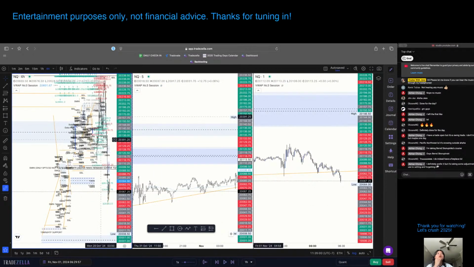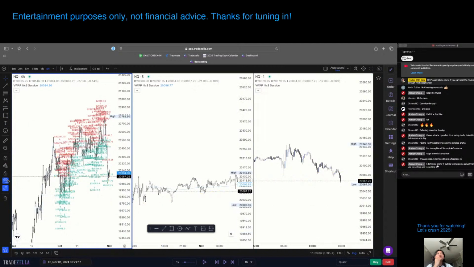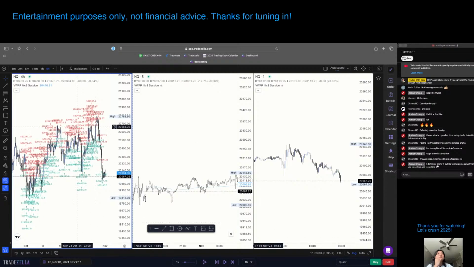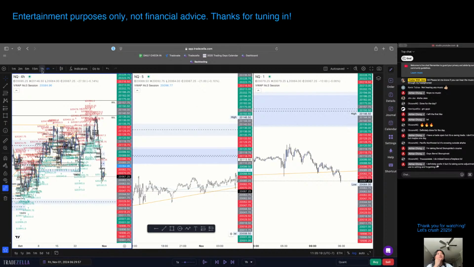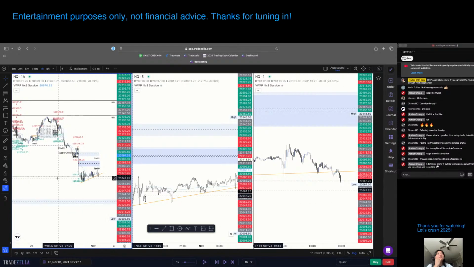Let's go into the higher time frame now, take off everything. Higher highs. Now we have lower lows, right? Yeah, lower lows. All right, put everything back. 1 hour again.